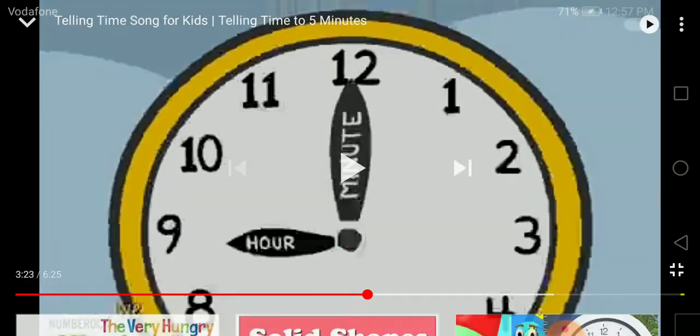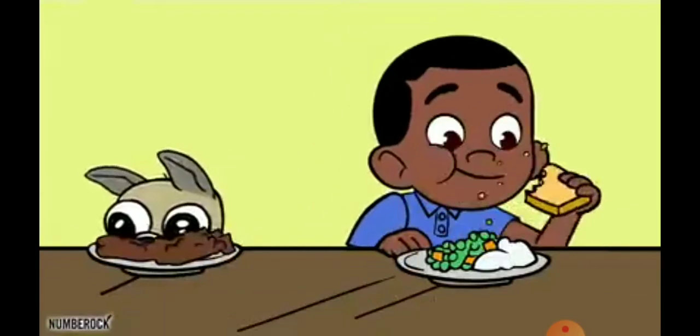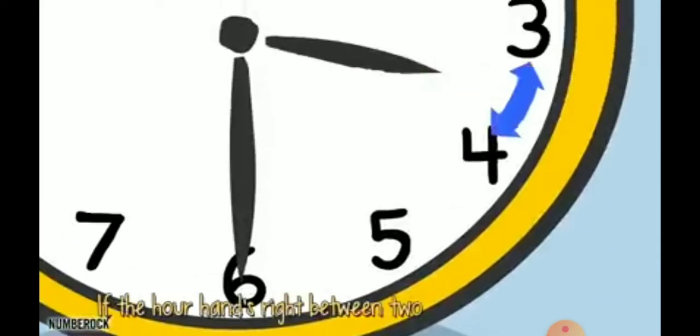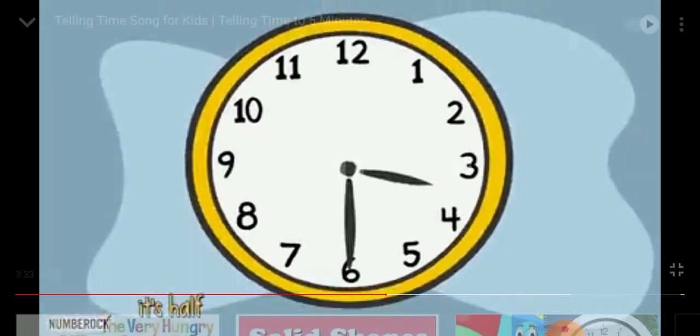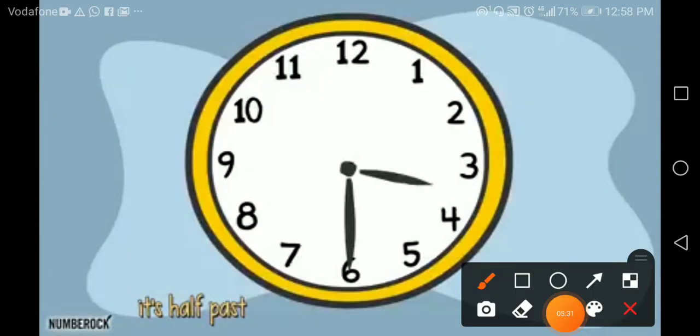We know it's o'clock, whether breakfast or supper. If the hour hand is right between two numbers, it's half past. And now, what time is it? The short hand points to between 3 and 4, and the long hand is on 6.